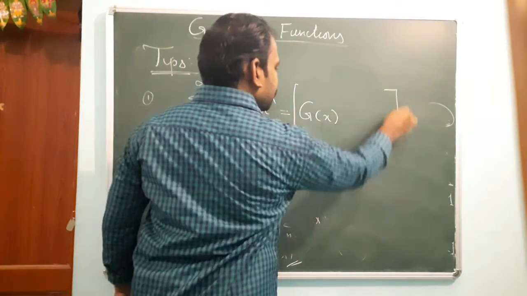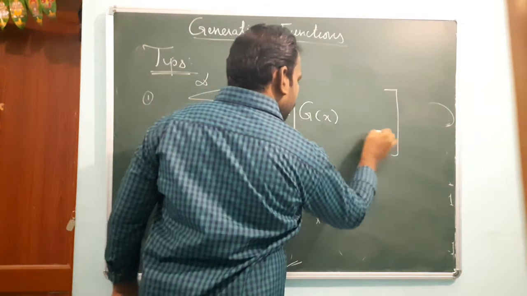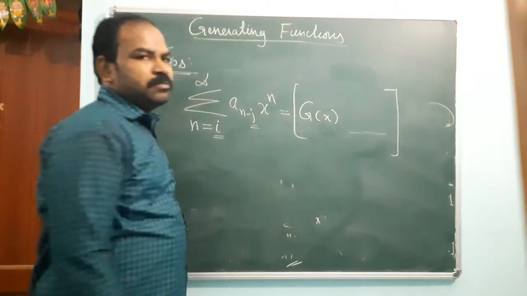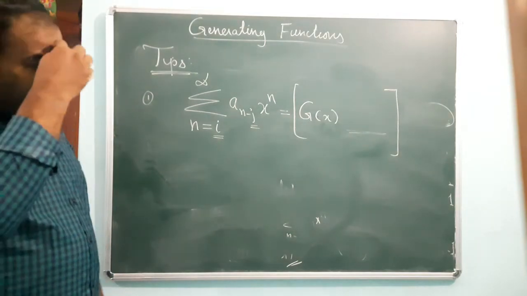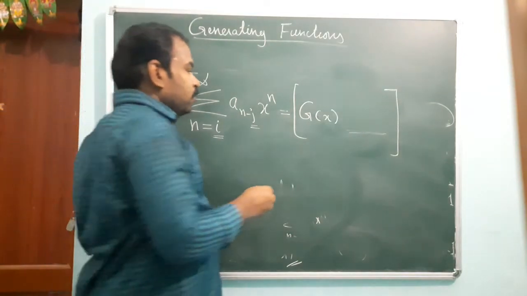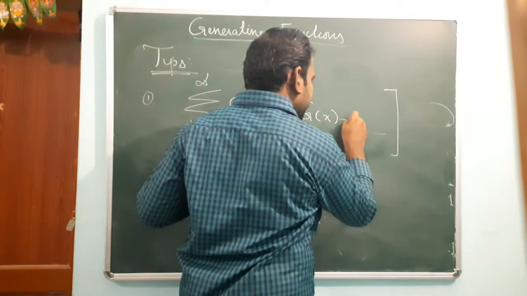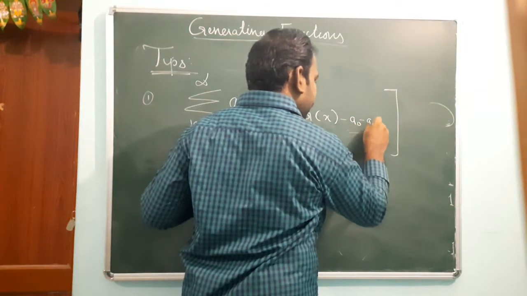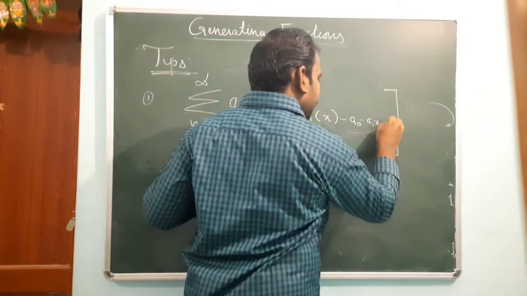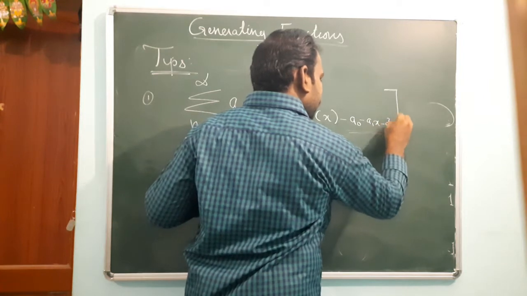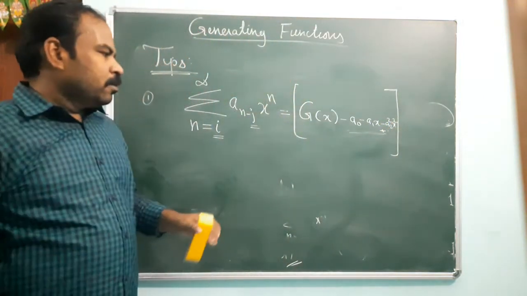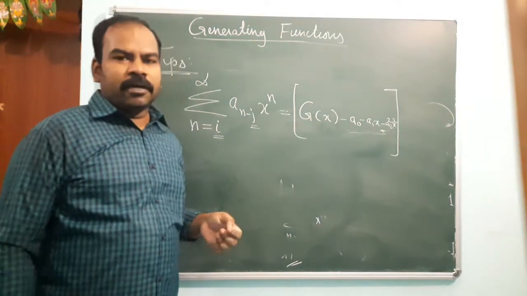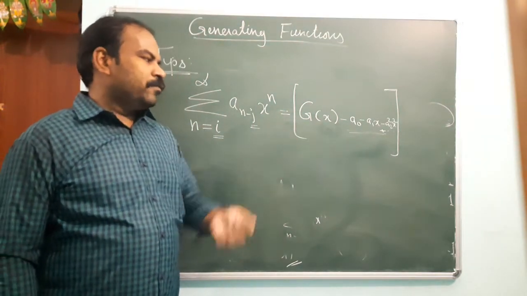Now we want to subtract some terms. The terms are minus a naught, minus a1 x, minus a2 x square, etc. We subtract some terms from g of x.